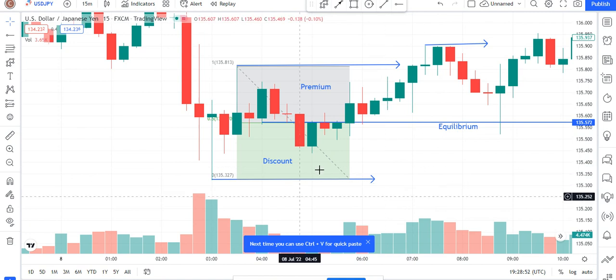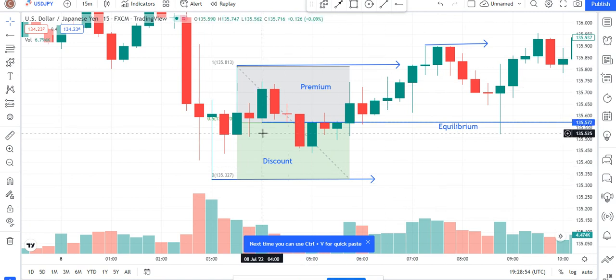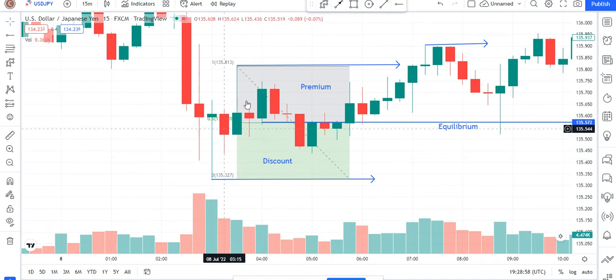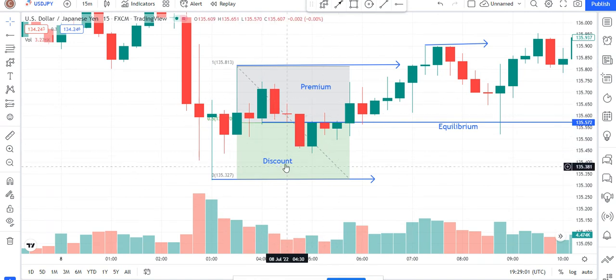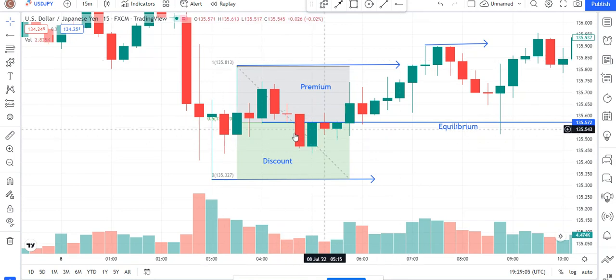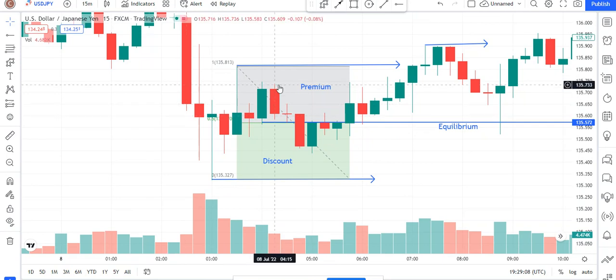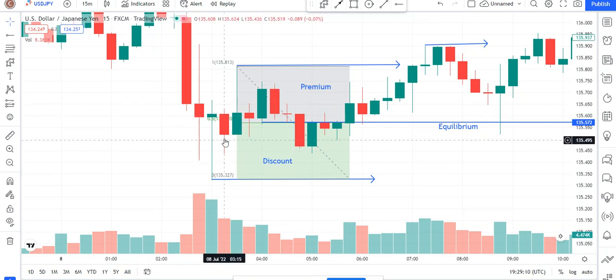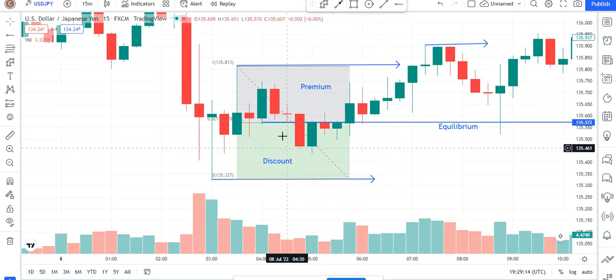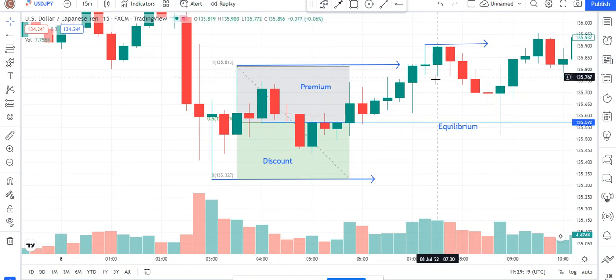So we use these two to help ourselves know the areas, not exactly where to buy or exactly where to sell, but which part is good for us to buy and which part is good for us to sell. Since in trading or in life, you are buying at a cheap price and selling at an expensive price, if we have prior knowledge that this is an uptrend, what we want to do in an uptrend is to buy, and we want to buy at a cheap price.